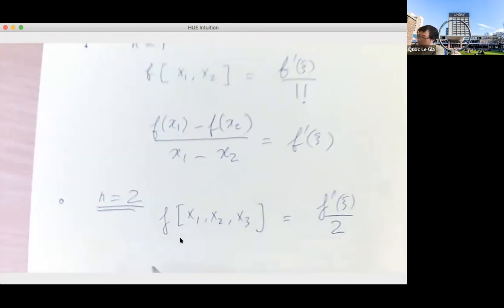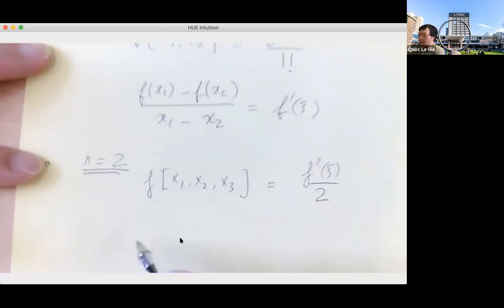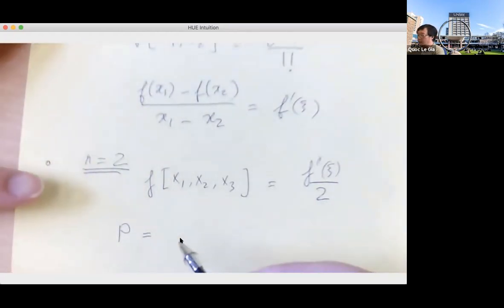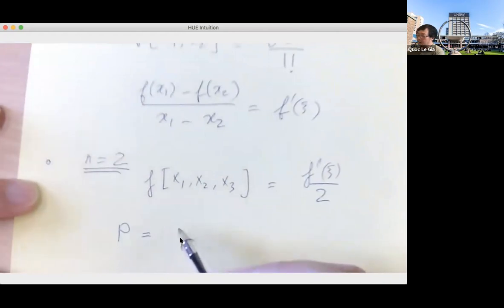Suppose I define a polynomial p which has this property: p interpolates f at x1, x2, x3.